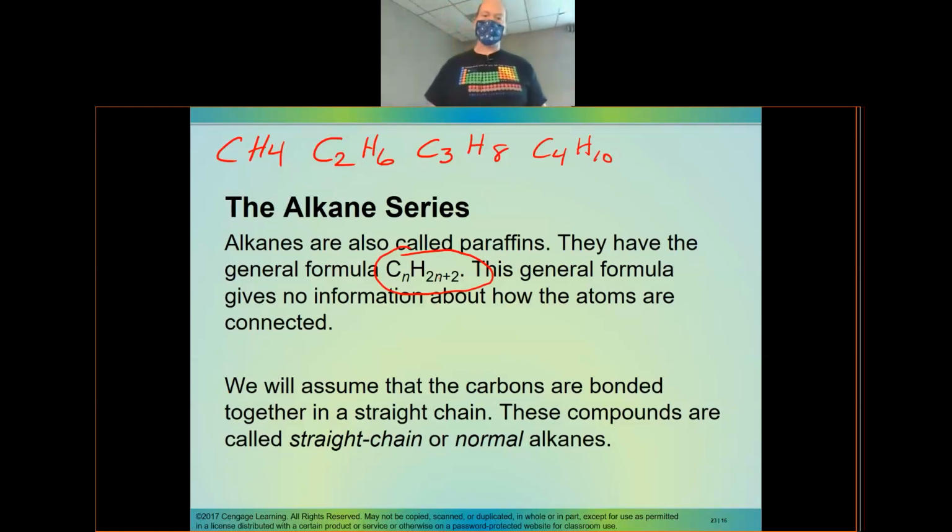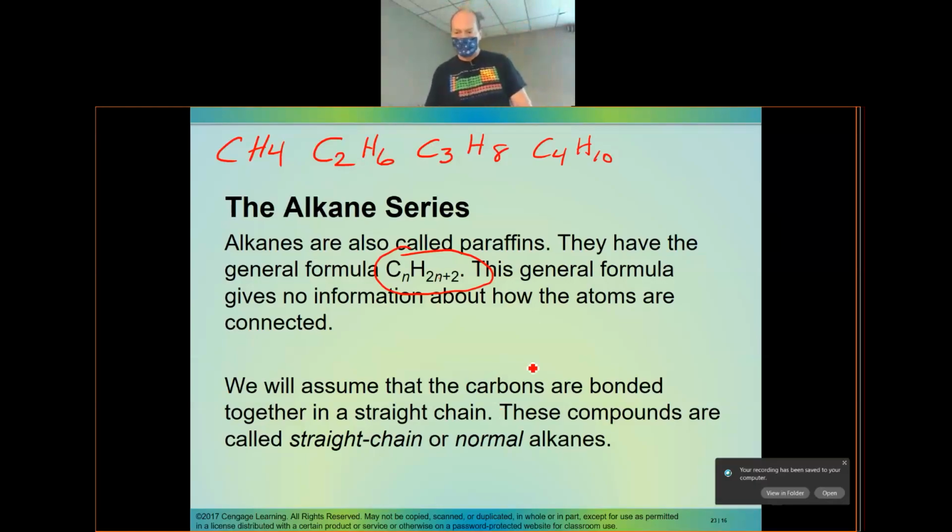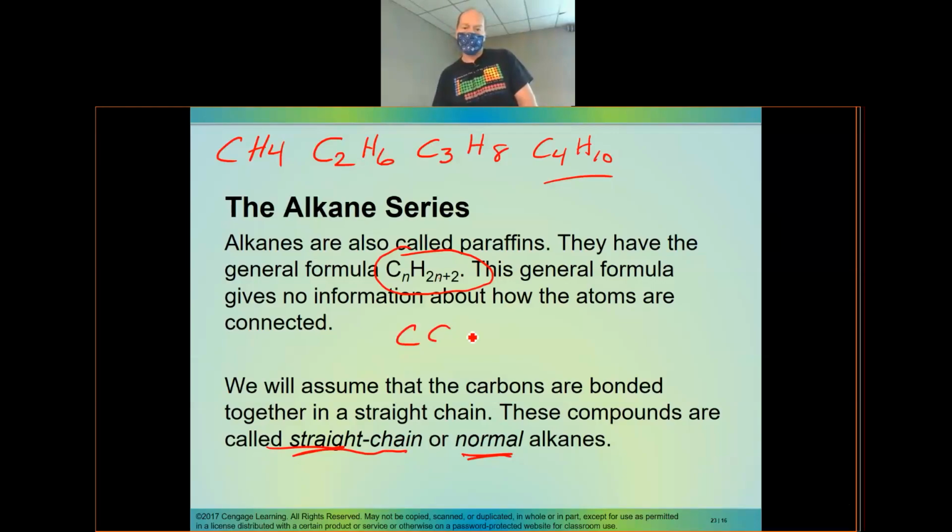All right, and so if we had the last one here, C4H10. If you wrote those in the normal alkane, which means a straight chain of carbons, then you would write it with 4 carbons in a row.